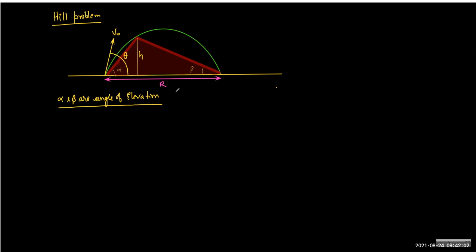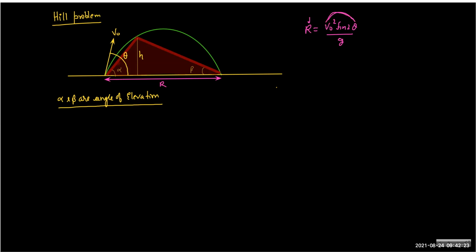To achieve the same range, we can have various value combinations of V naught and theta. We know the range formula is... So if I keep R constant, we can vary V naught and theta in various ways.